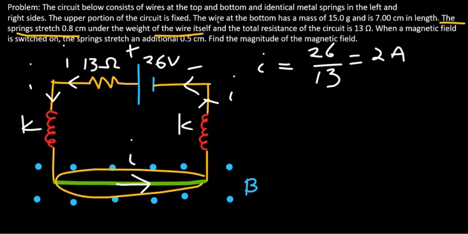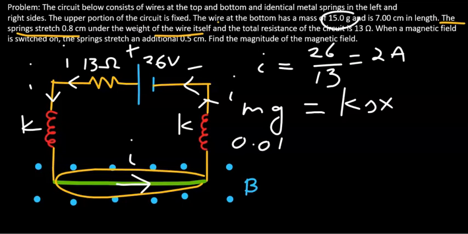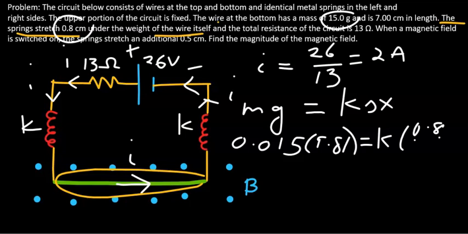So you have the stretching caused by the weight of the wire. So the weight of the wire is mg. The stretch is given by, according to Hooke's law, K times the amount of stretch. The mass of the wire is 15 grams, so 0.015 kg. G is 9.81, the acceleration due to gravity. K we don't know, and the stretch is 0.8 centimeters. So 0.8 divided by 100 to convert that into meter.